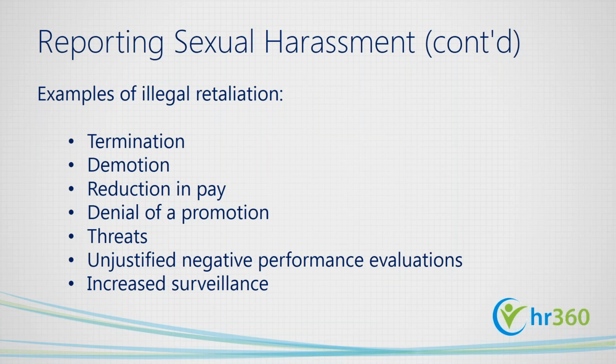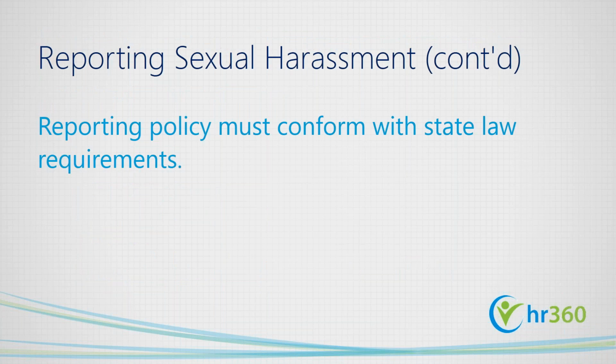So we can see there's a broad range of possible illegal retaliations. And so it is important to absolutely communicate that the person who's been allegedly harassed does have recourse and must be protected against illegal retaliation. All right, let's continue on.